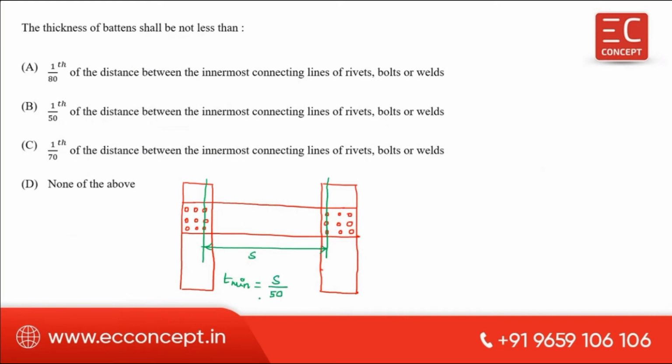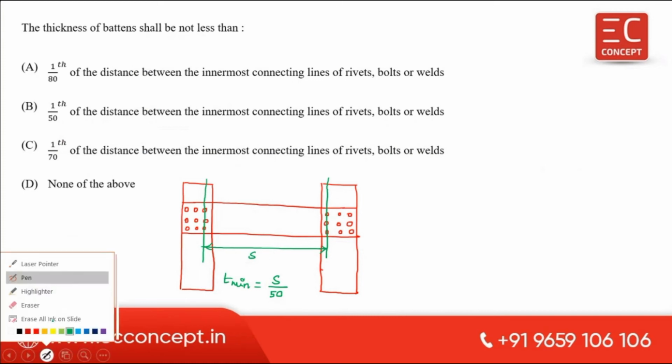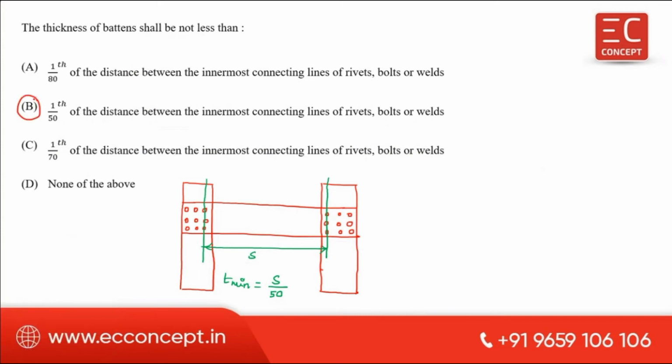This is the answer. So the answer for this question is this one. 1/50th of the distance between innermost connecting line of rivet or bolt or welds. Okay, so this is the innermost connecting bolt, centroid of innermost bolt distance. Okay, so this is the answer. I hope you got it.